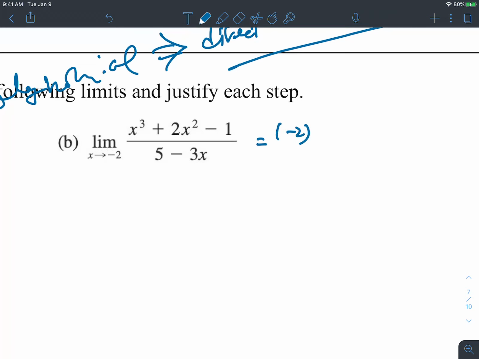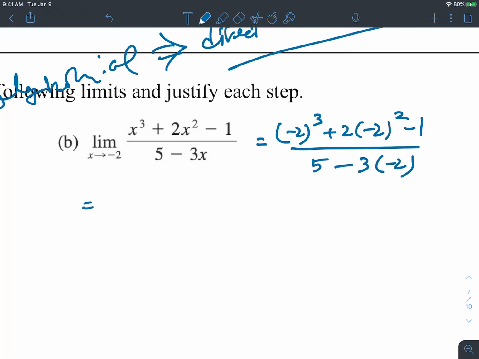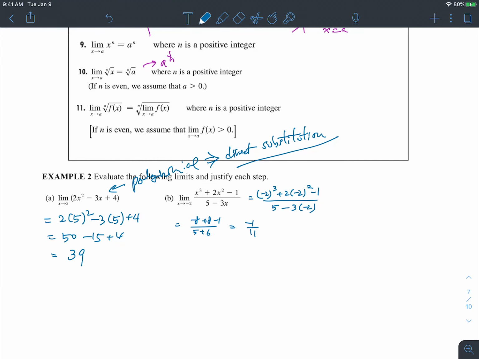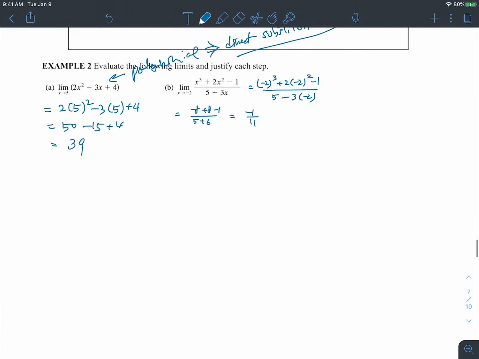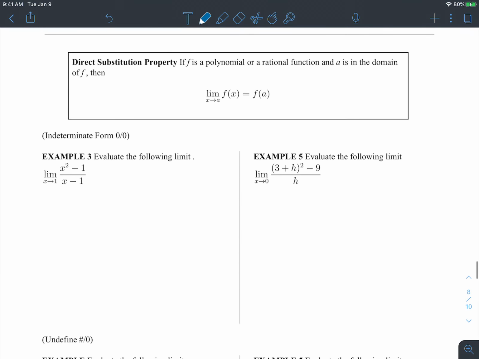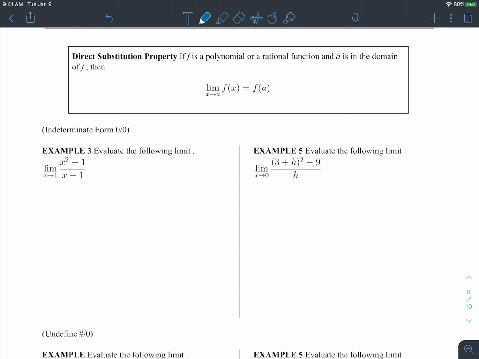So that's -2 cubed plus 2 times -2 squared minus 1, over 5 times 5 minus -3 times -2. That is -8 plus 8 minus 1. So the numerator is -1. The denominator is 5 plus 6, which is 11, so the answer is -1/11. Okay. All right, guys.